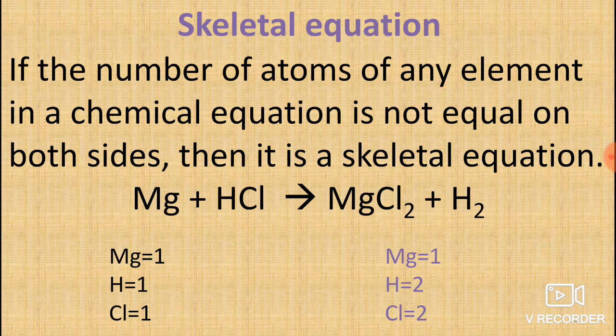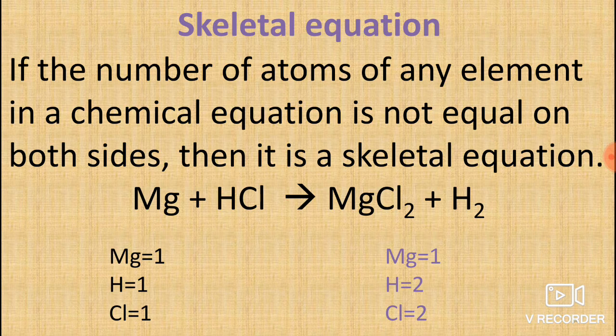Simply, the number of atoms on the left hand side is not equal to the number of atoms on the right hand side. Simply LHS not equal to RHS. So the total number of atoms present on the left hand side is not equal to the total number of atoms found on the right hand side.